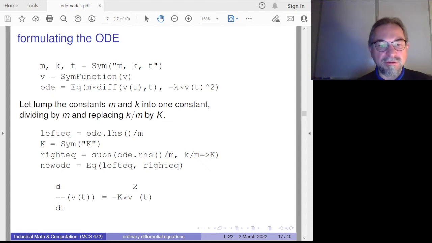We selected the left hand side, right hand side, divided, and then did the substitution. And now we have a new left hand side, a new right hand side, and a new ordinary differential equation, which depends on one parameter, capital K. Okay, so that's our model.